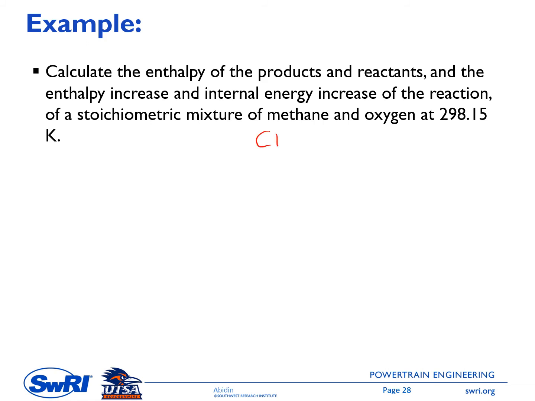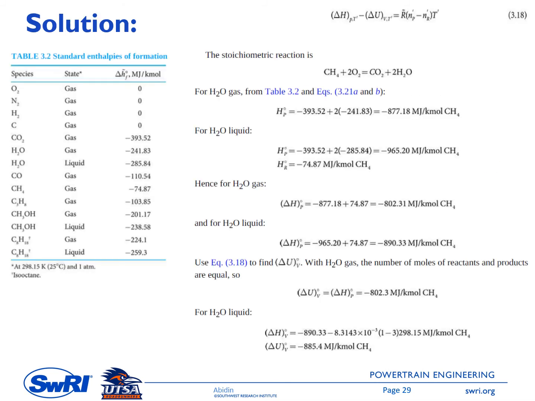Methane is CH4. We use table 3.2 to get the enthalpy of formation for CH4, CO2 and H2O, and equation 3.18 will be used to calculate the enthalpy increase and internal energy increase.